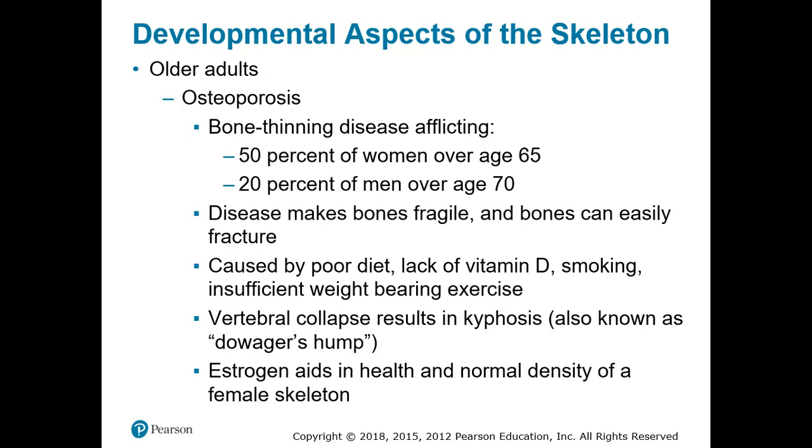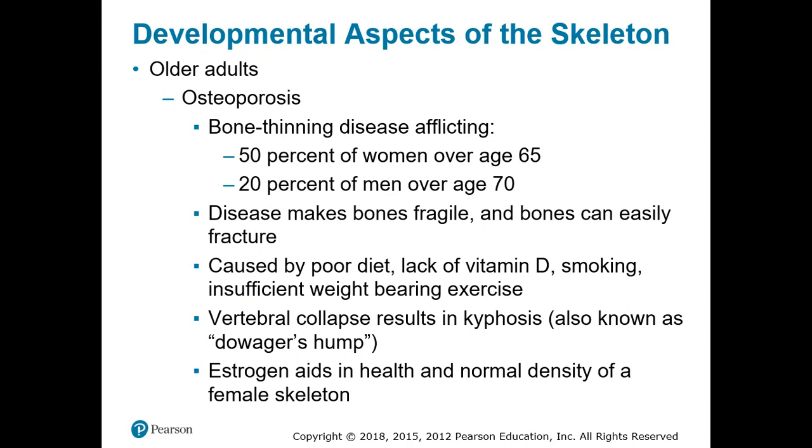One of the common things that happen when you have osteoporosis is you tend to see a vertebral collapse. Vertebral, we just mean your backbone. And this results in a type of symptom called kyphosis, also known as dowager's hump. And that's when you kind of see a hump in the back of the neck of somebody.